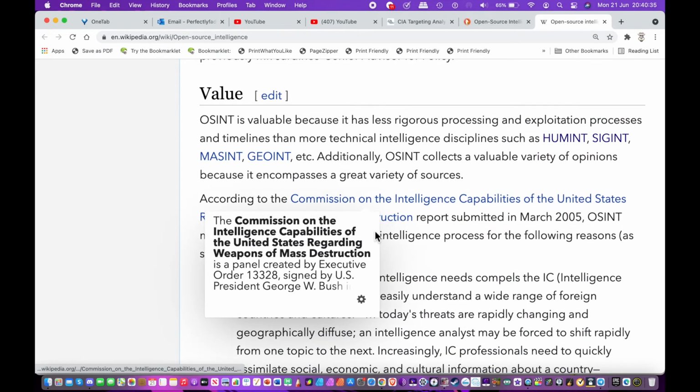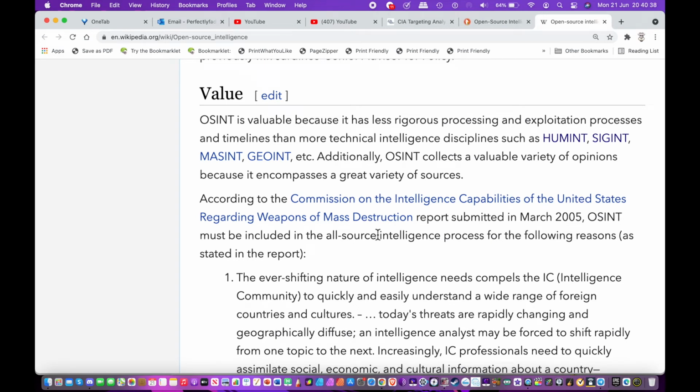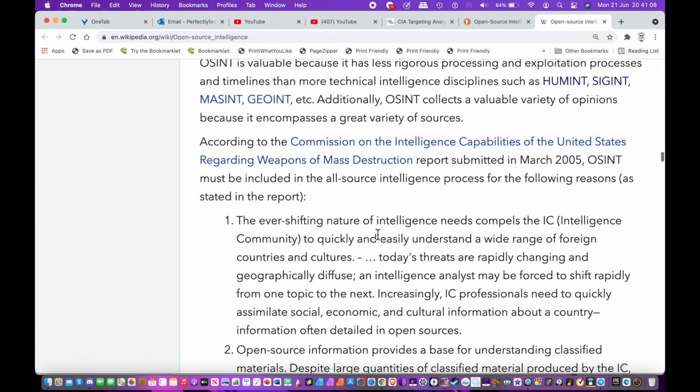Value. OSINT is valuable because it has less rigorous processing and exploitation processes and timelines than more technical intelligence disciplines such as HUMINT, SIGINT, MASINT, and GEOINT, etc. Additionally, OSINT collects a valuable variety of opinions because it encompasses a great variety of sources.